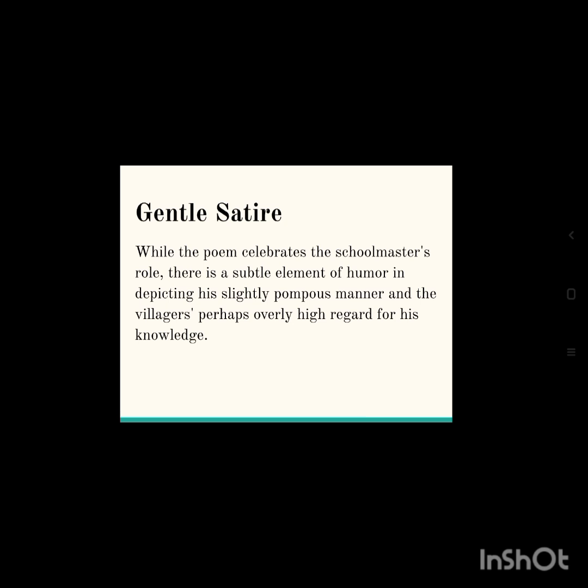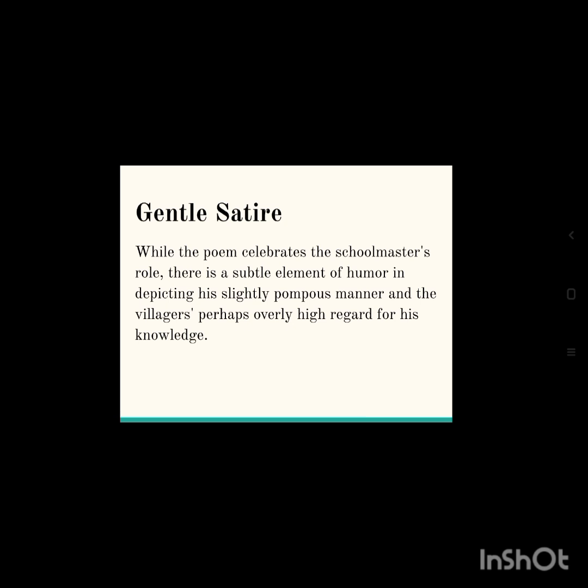While the poem celebrates the schoolmaster's role, there is a subtle element of humor in depicting his slightly pompous manner, and the villagers' perhaps overly high regard for his knowledge. Pompous means stern and strict. Not exactly, but some sort of wise, yet still very strict personality, a person who abides by his rules and regulations.